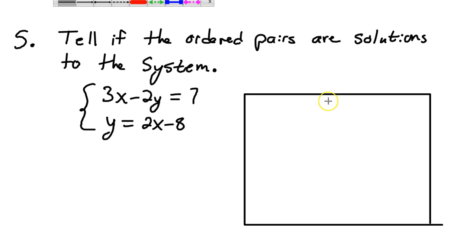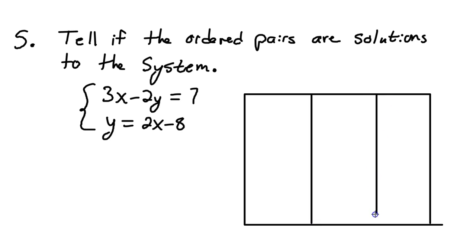They give you the ordered pairs, and then they either give you a yes or no box here. And you basically go back through and check whether it's yes or no for each one of those.